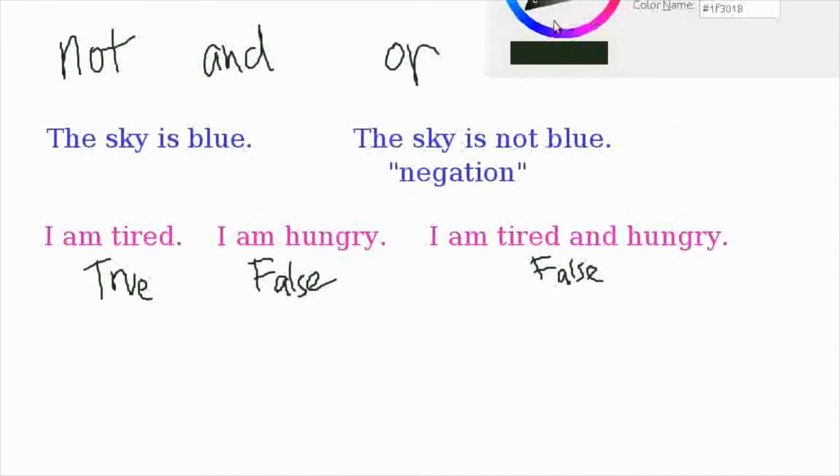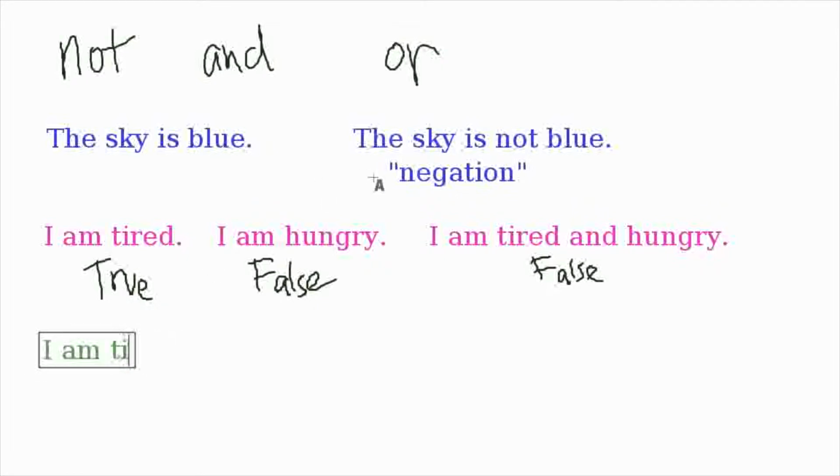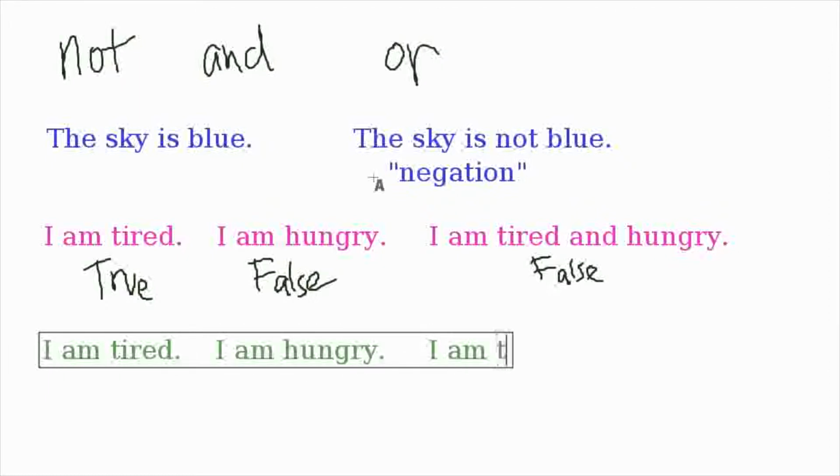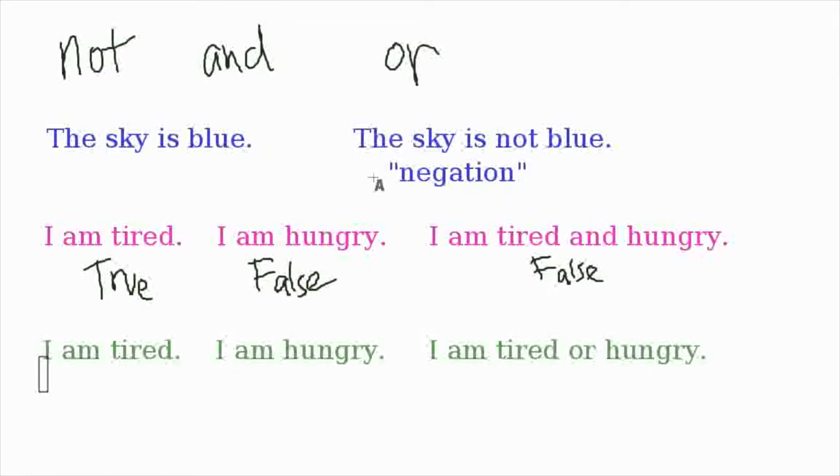And then now let me talk about or. And we'll go with the tired and hungry again. So let's do I am tired. I am hungry. And this time I'm going to do I am tired or hungry. Okay?